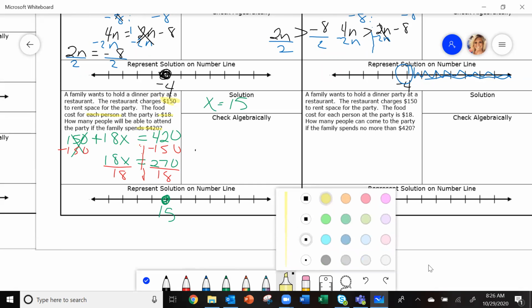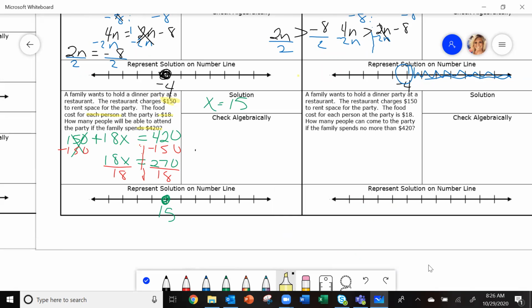Now the next one, on the inequality part, says a family wants to hold a dinner party. It's still $150 to rent the space. Each person is $18, but they want to spend no more than $420. So we're still going to have $150 plus 18x.